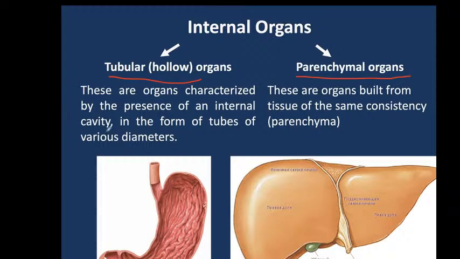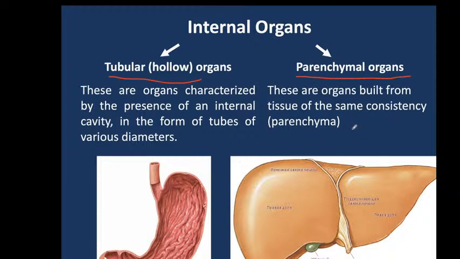Hollow or tubular organs are characterized by the presence of some kind of cavity inside the organ, and these tubular organs look like a tube. This is maybe the stomach, maybe the esophagus, maybe intestinum tenue or colon. Almost every digestive organ is a hollow organ.